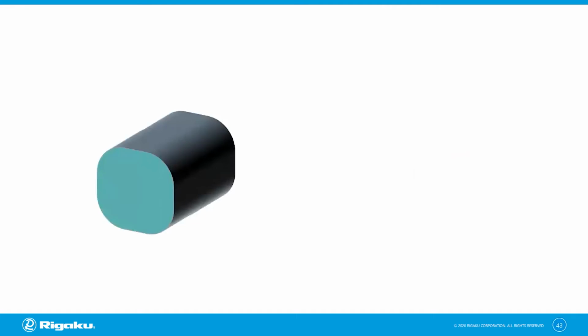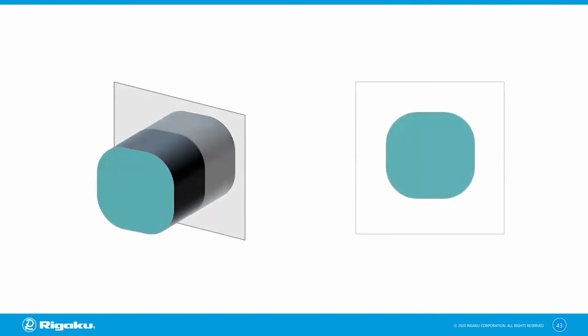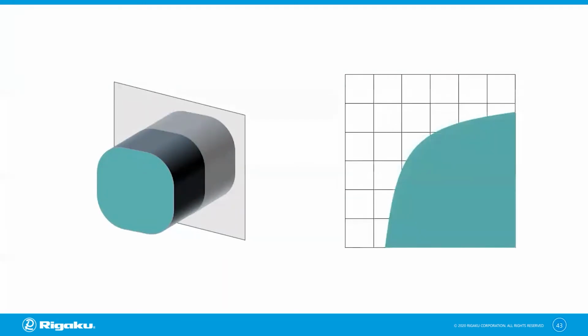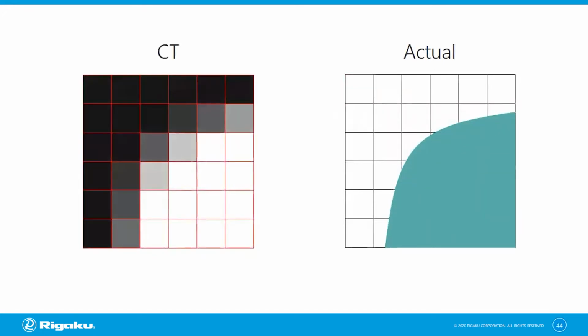So let's think about this object. The cross section here looks like this, and let's zoom into this corner. So let's say that this is the actual cross section of the object. To image this using X-ray CT, we're going to use a voxel grid. And when you do that, you're going to get an image that looks like this.